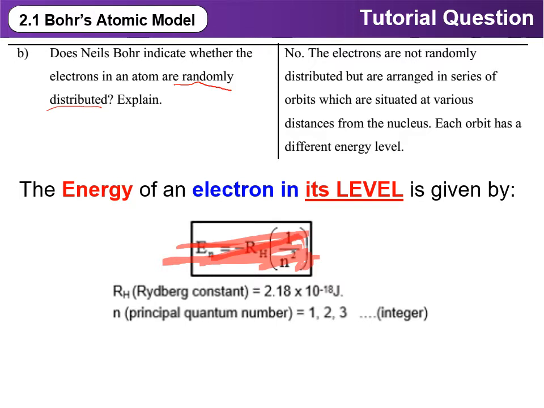As long as it is at a certain energy level, the energy is fixed. So here we will say that the electrons are not randomly distributed, but are arranged in a series of orbits, which can be at the first shell, second shell, third shell, fourth shell, and so on. Each orbit will have a different energy level.